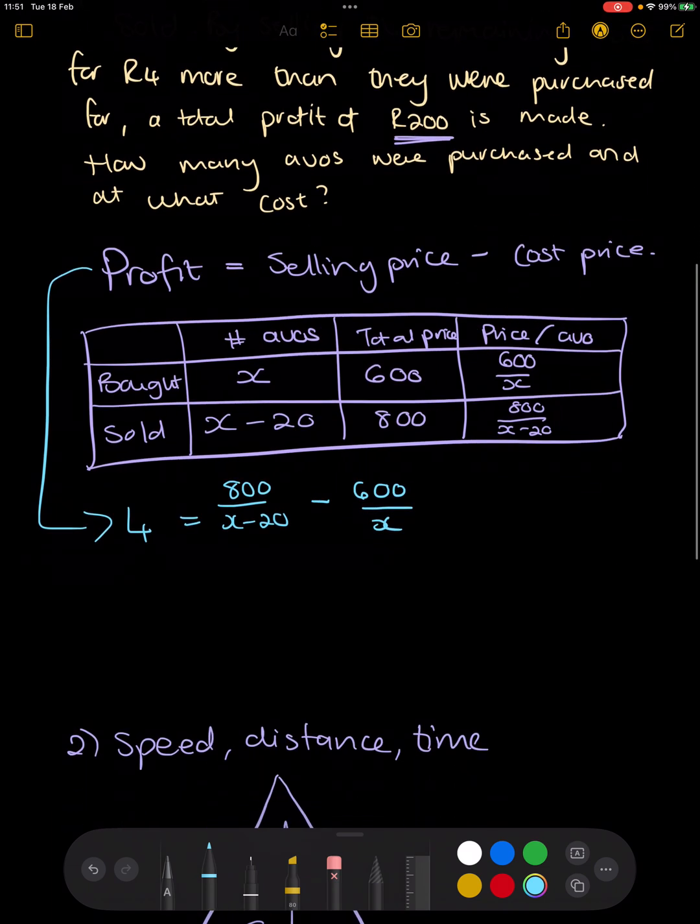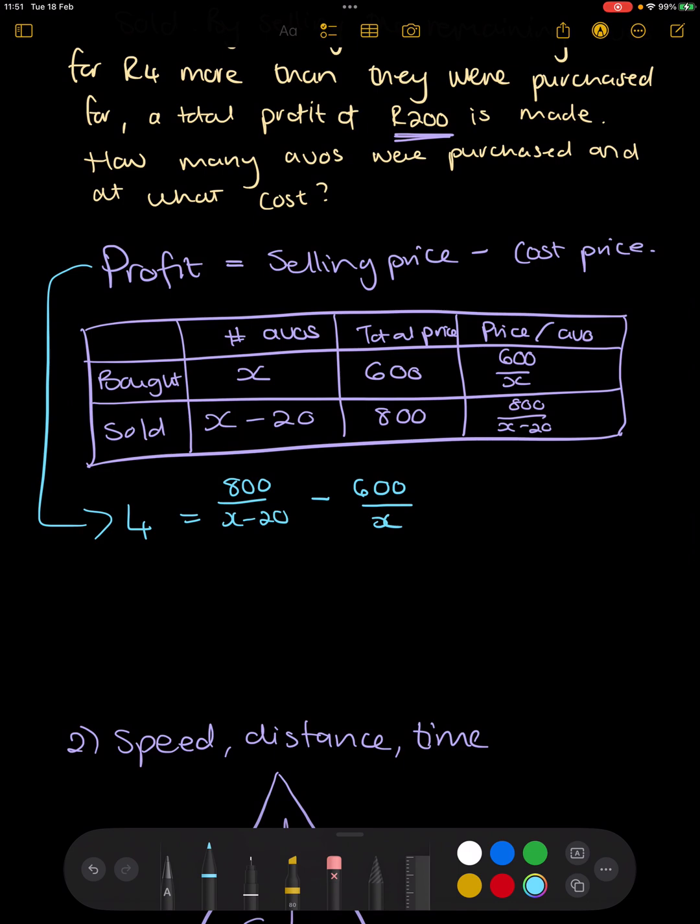From this point, I can get an LCD, which is obviously going to be the following. And if it helps you, put that over 1 so that you could conceptualize that. So now I'm just going to multiply everything with my LCD. And because it's an equation, my LCD is just going to fall away. Right, now I'm over here.